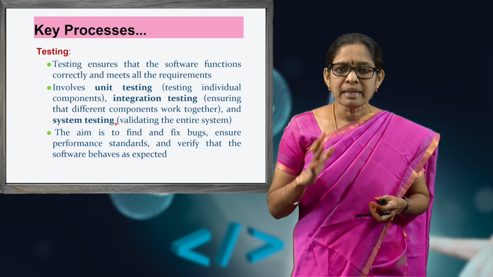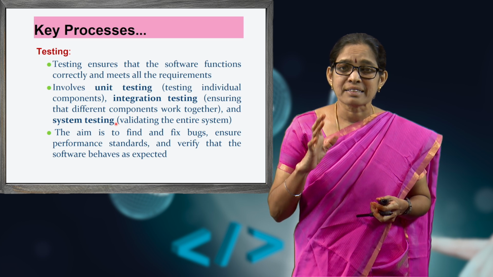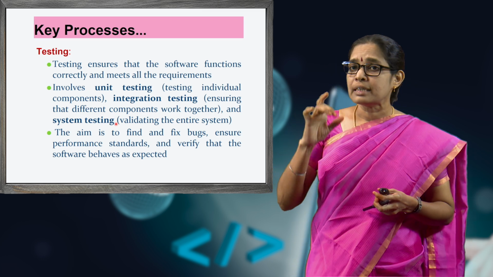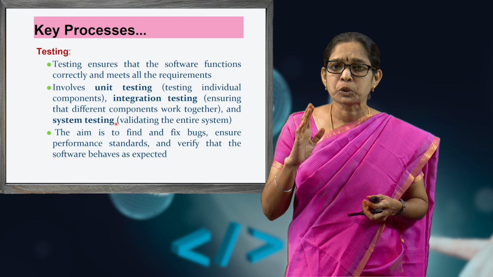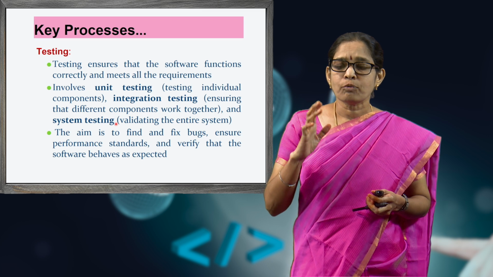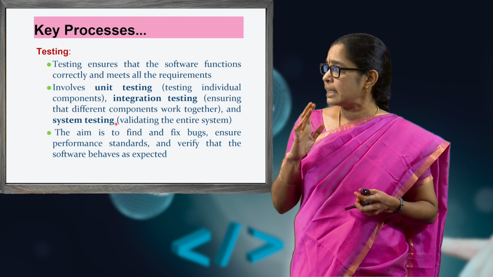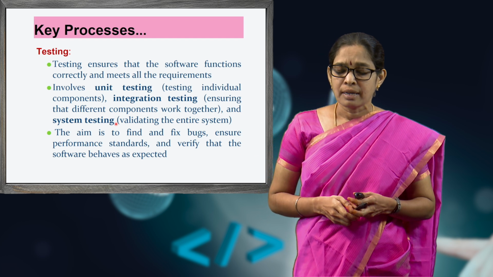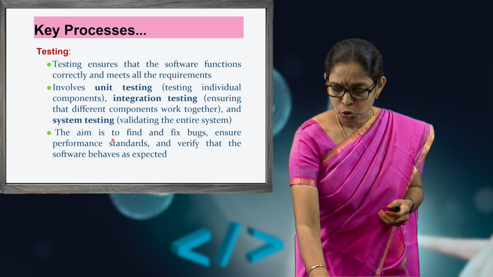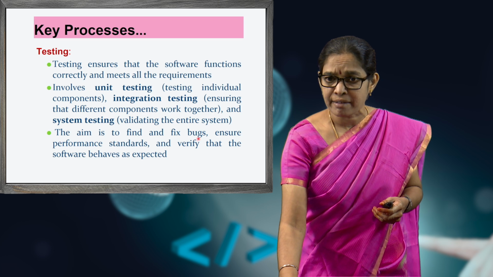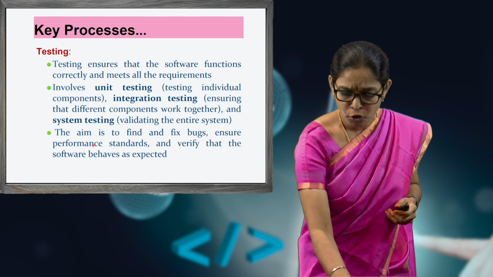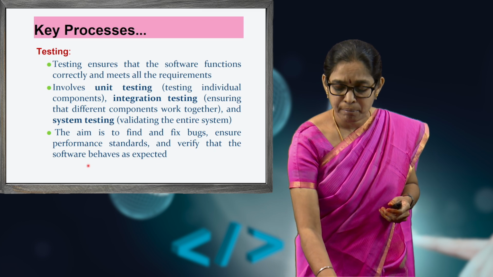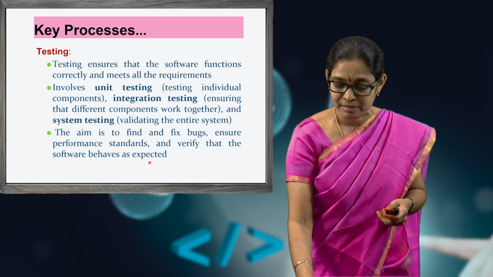The second one is integration testing. Integration testing ensures that the different components work together. The third one is system testing. It validates the entire system of the software product. The main aim is to find and fix the errors, ensure performance standards and verify that the software behaves as expected.